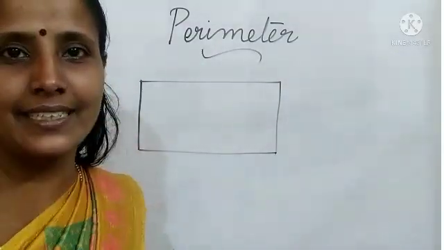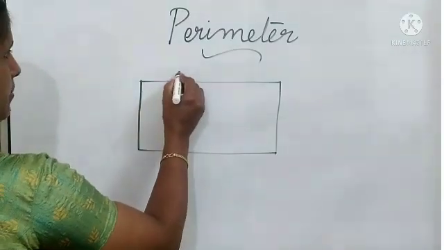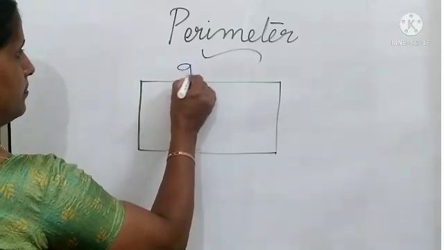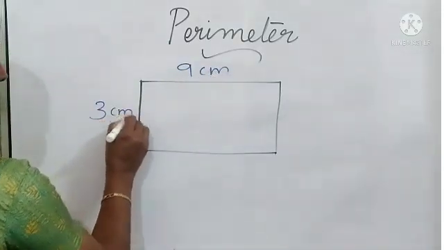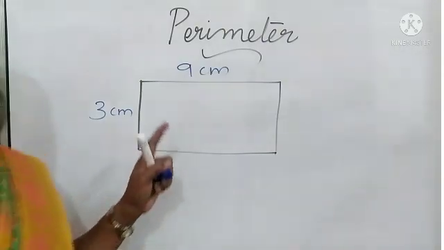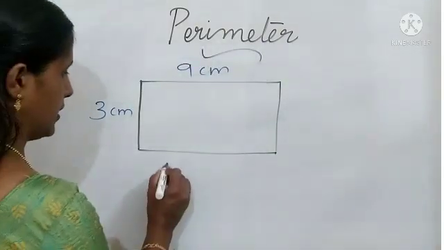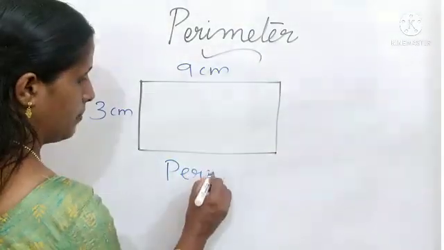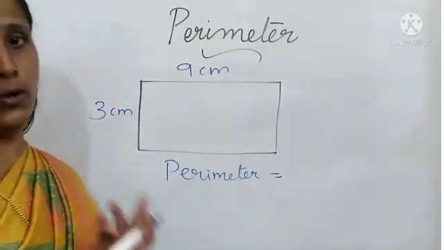Yes, opposite sides are equal. So here I will mention the measurements of two sides. And this is 3 centimeter. Okay, we need to find out the perimeter of the given figure. So how can we find out the perimeter of the given figure? Perimeter is equal to the measurement of the boundary.